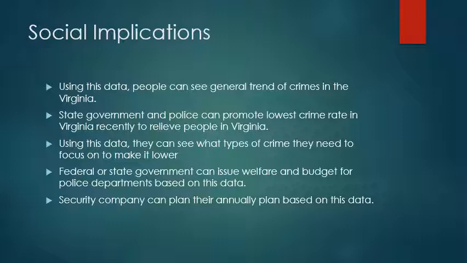And on top of that, state government and police can promote the low number of crimes in recent years from 2010 to 2012. This can relieve people in Virginia and promote how good they have been in the last few years.